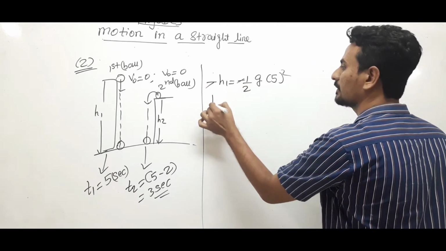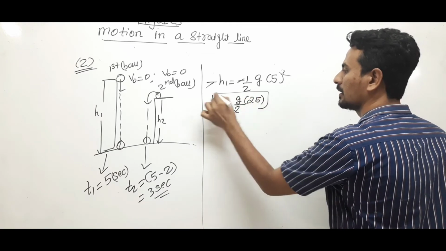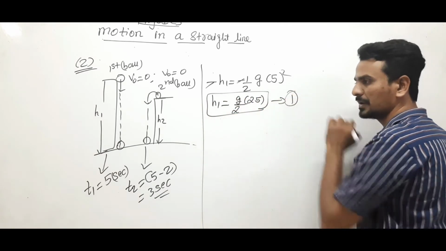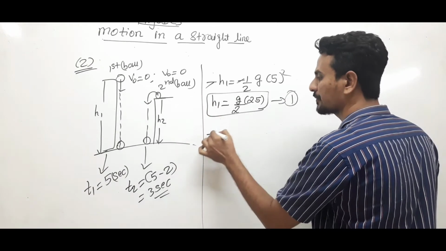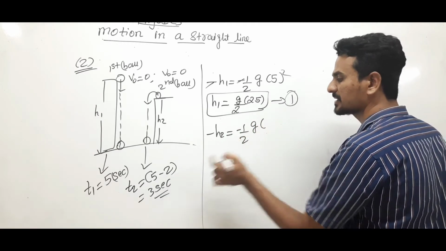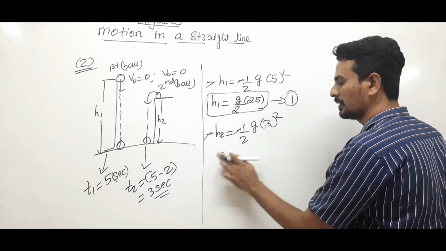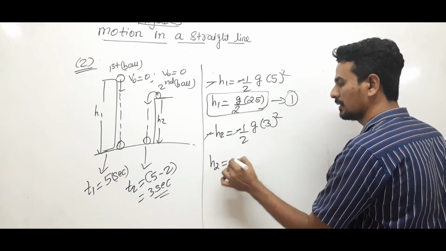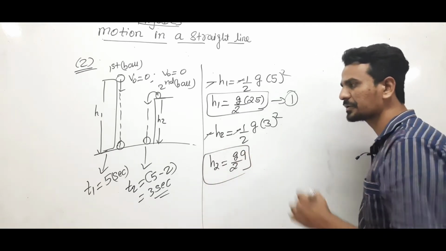So h1 is g by 2 into 25. Say this is equation 1. Similarly h2 is also in the downward direction, g is taken negative, and now it takes 3 seconds. So this will be g by 2 into 9.